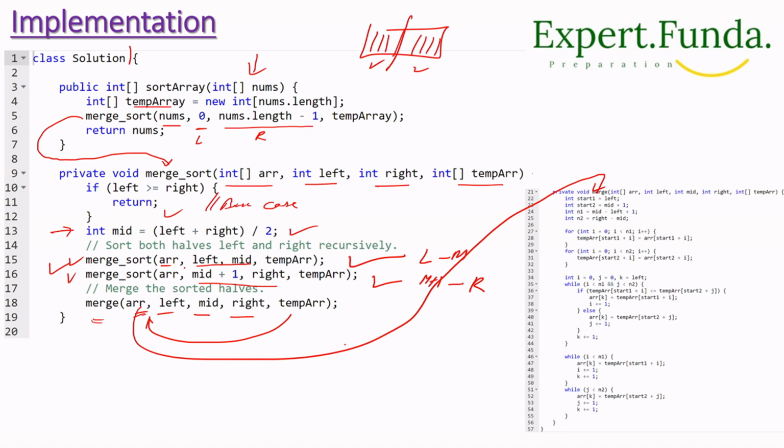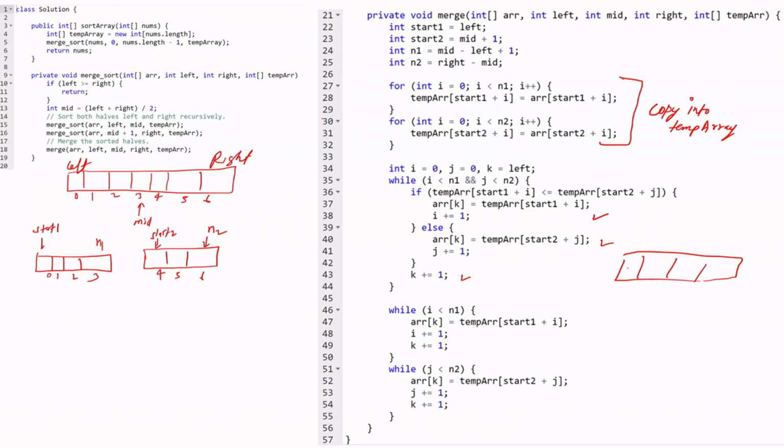Now if we talk about the merge, we have this left, then we have right, and after finding the mid, we do the first part from left to mid, and the other from mid plus 1 to right.